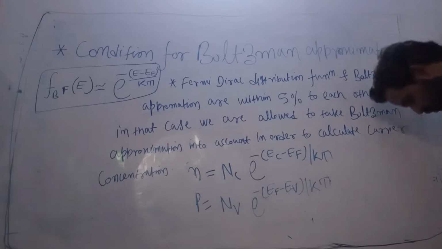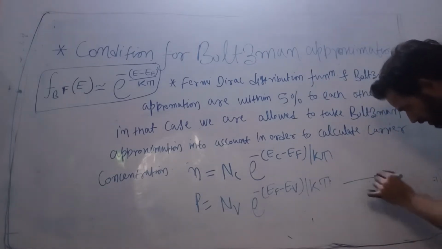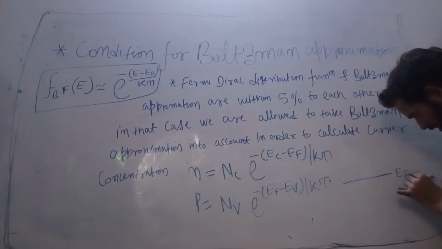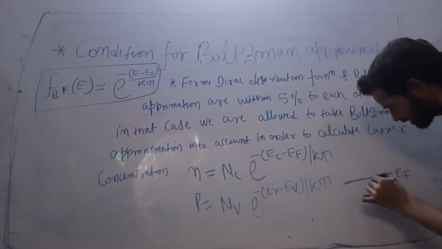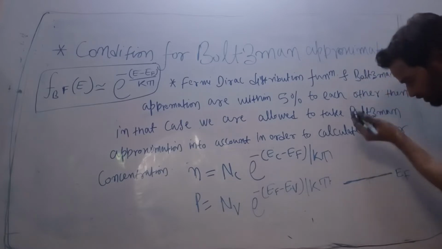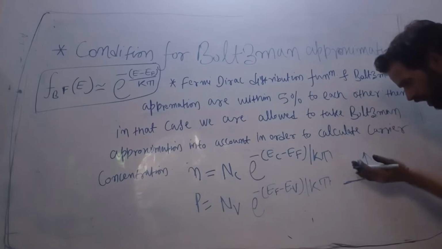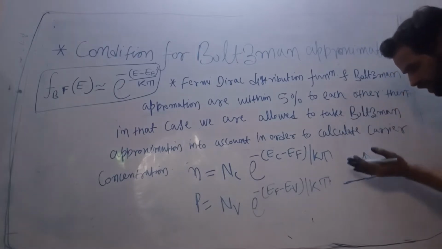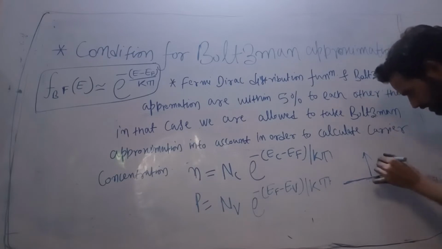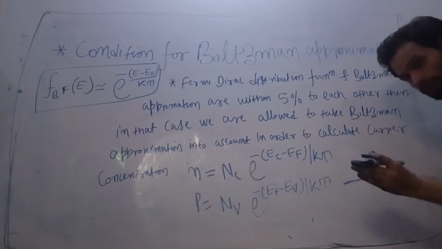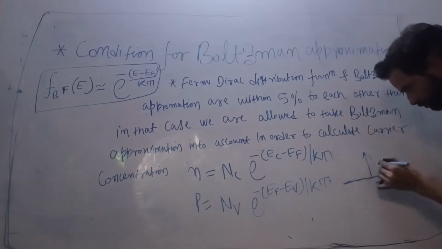See here, this is my Fermi energy level. How much above do I have to shift the energy state? By an amount of kT.